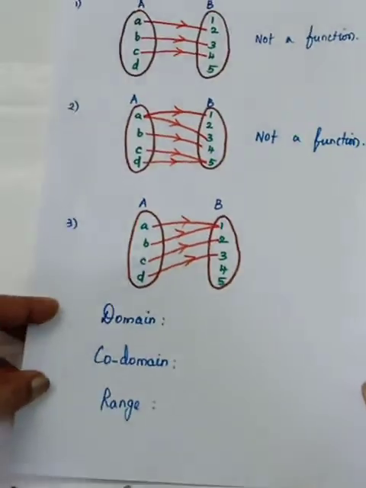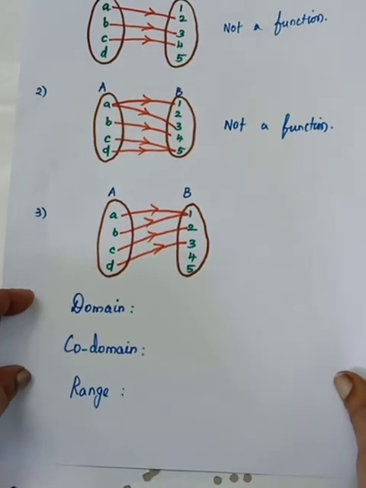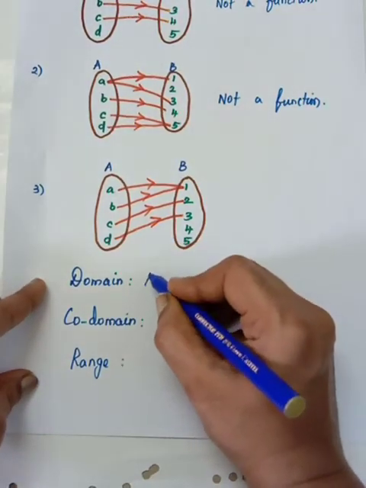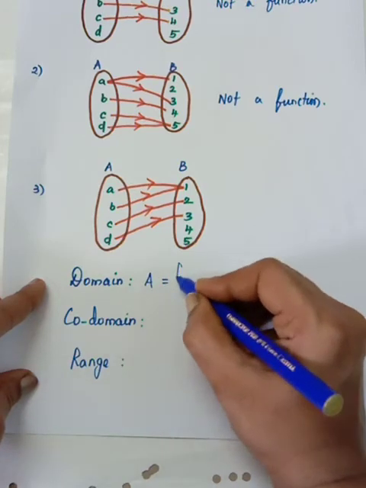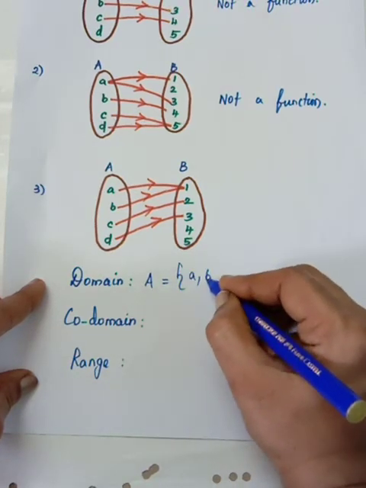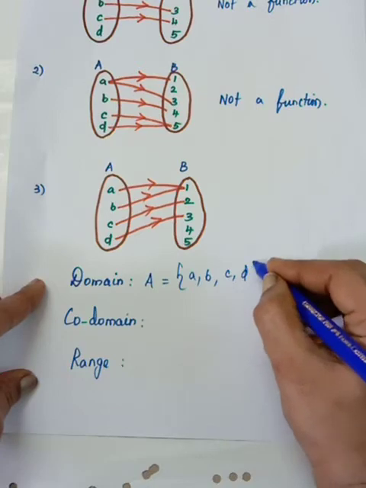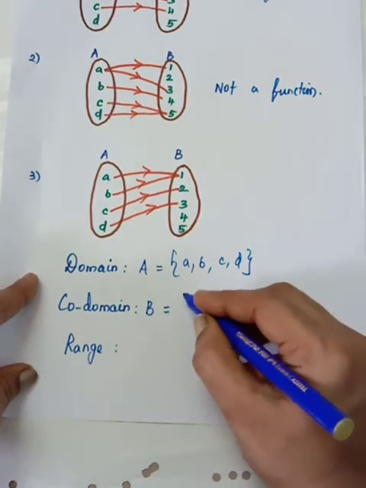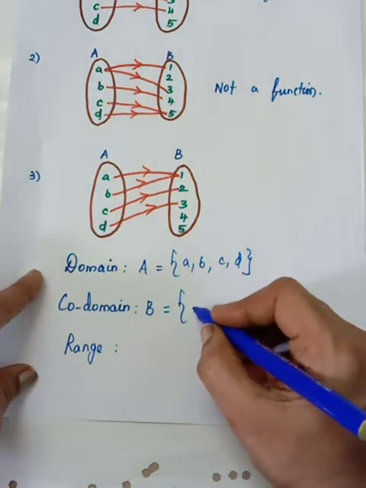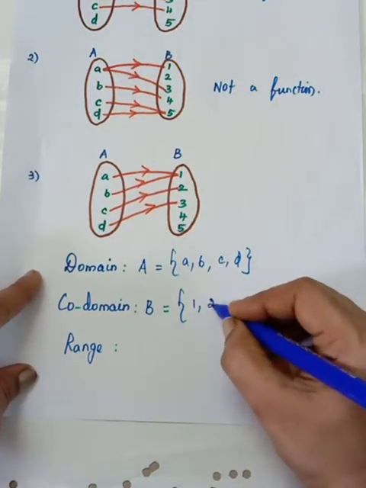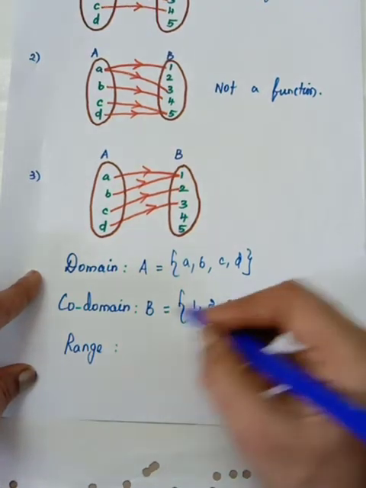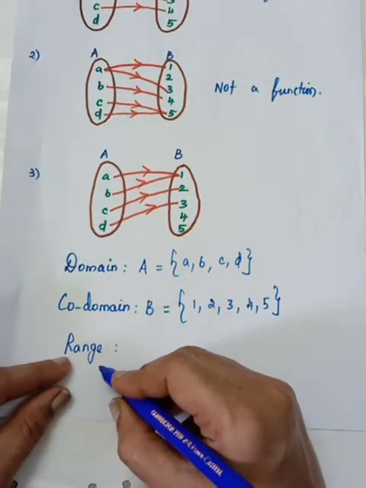Now we are going to write the domain. Since it is a function, the domain is A, a set having the elements A, B, C, D. What is the codomain? The codomain is B, also a set, having the elements 1, 2, 3, 4, 5. Now we are going to talk about the range.